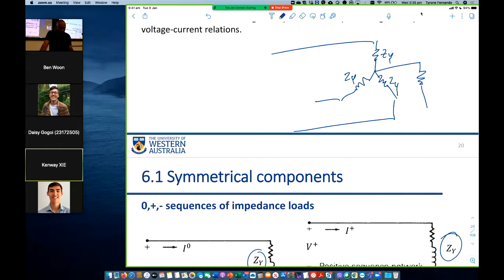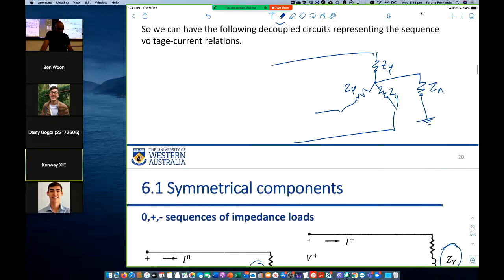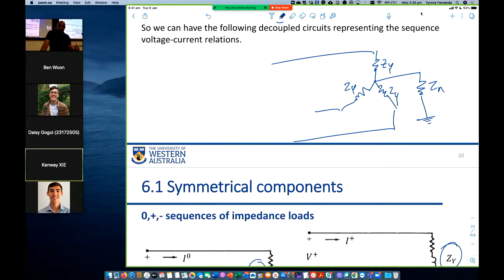We have Zn connecting into ground, Zn connecting to ground, isn't it? That's what we have. So if we now want to take this network and draw the zero sequence, the positive sequence and negative sequence networks corresponding to what we see here, right?